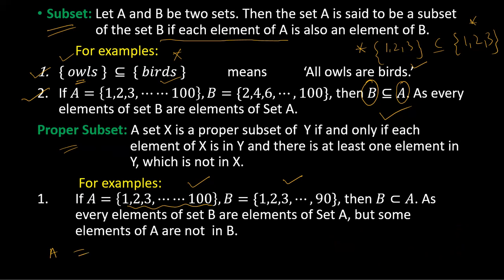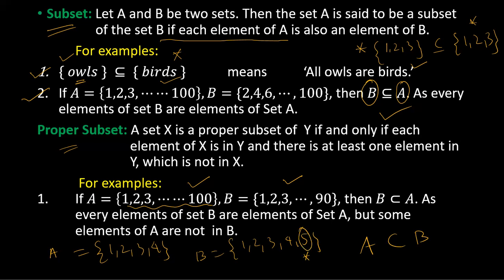A equal to 1, 2, 3, 4. B equal to, let's say, 1, 2, 3, 4, and 5. Here, each element of A is in B, but at least one element of B, that is 5, is not in A. So we can say A is a proper subset of B.